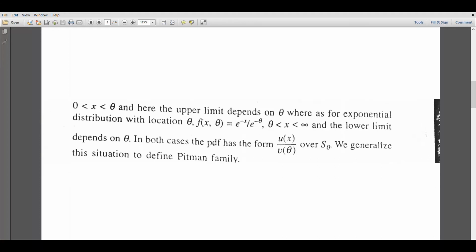In both cases, the PDF has the form u(x) by v(theta) over S_theta. So this is a common form of the probability density function for the members of the Pitman family.